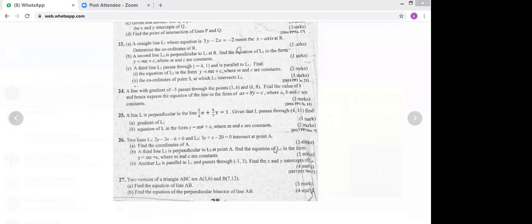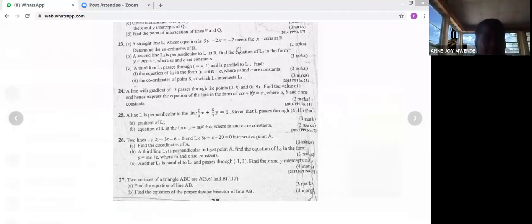We use the point (-1, 6) and unknown coordinates (x, y) with gradient -1/3. Substituting, (y - 6) over (x + 1) equals -1/3. So you get your equation as x + 3y = 17. Yes, it is correct.